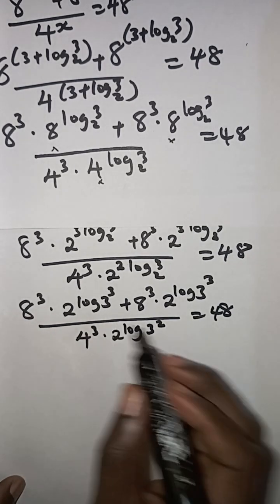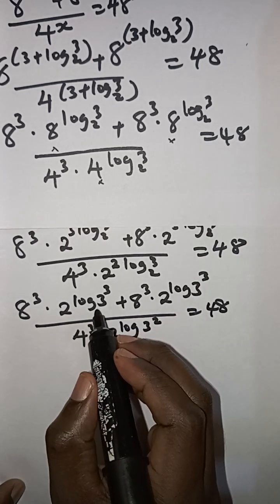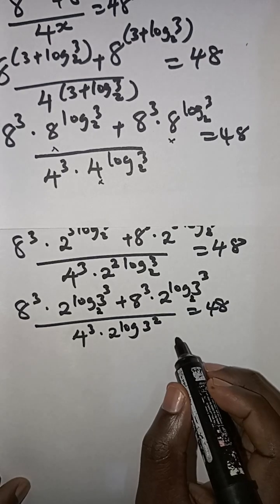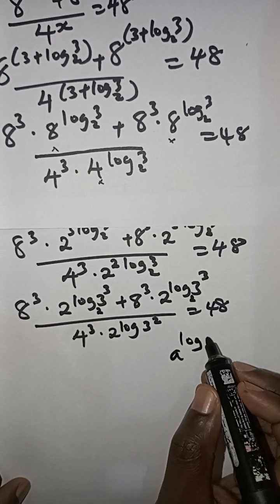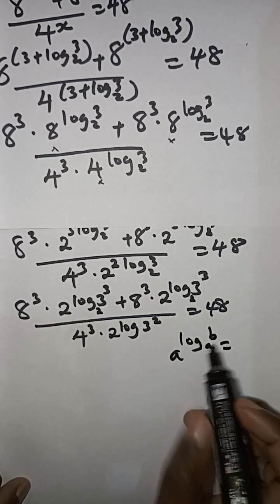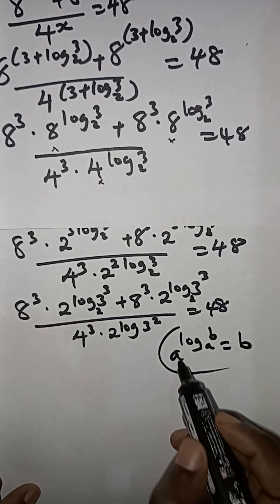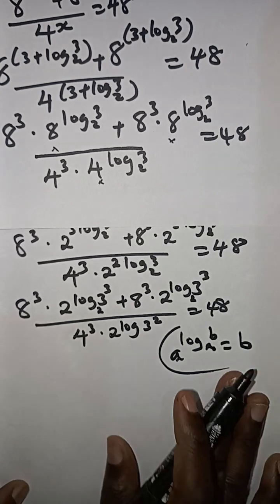So of course, remember the base. This was the base 2. Don't forget it. Recall that wherever you have a to the log of b base a, then this changes to b, since the base and the base are equal.